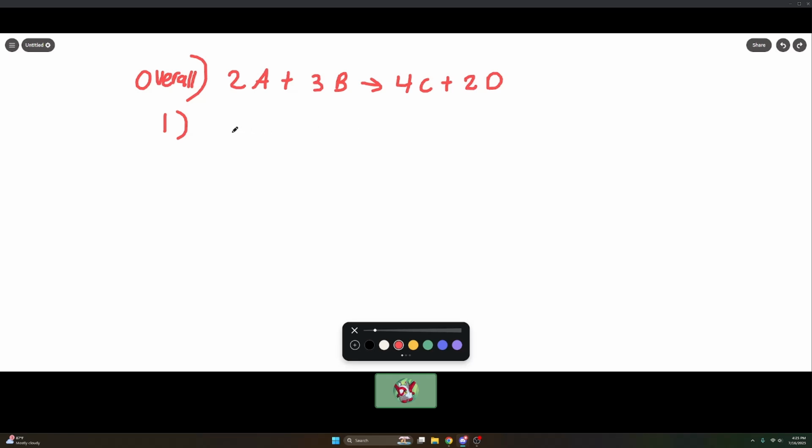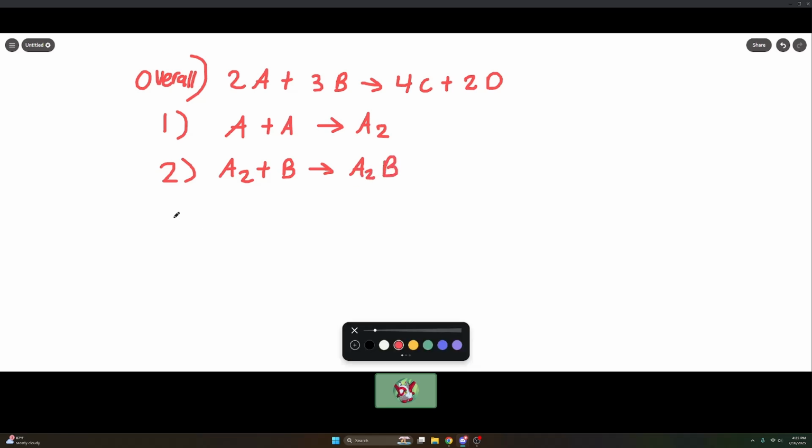So maybe the first step is that an A has to react with another A. Maybe step 1 is to create A2. And that's because A2 is very important to then react with one of those B's to create A2B.